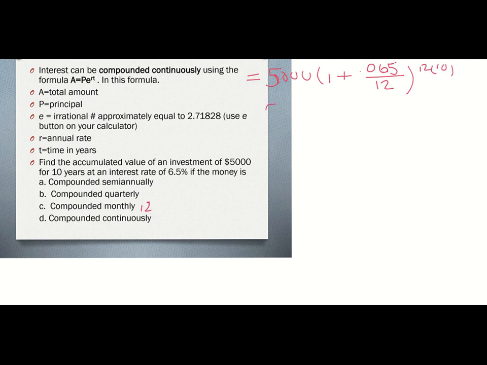So that gives us 5,000 times, if I take my 0.065 divided by 12 and add 1, I end up with 1.005416667, and it's raised to the 120th power.